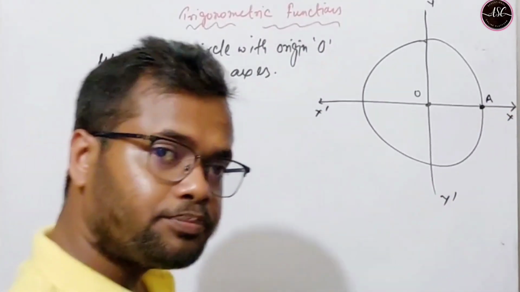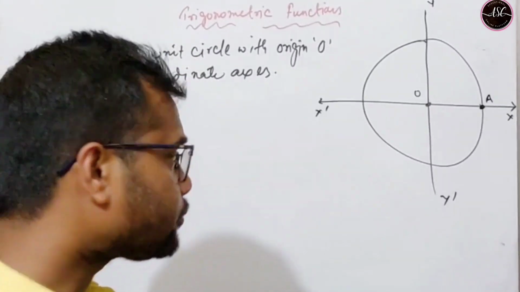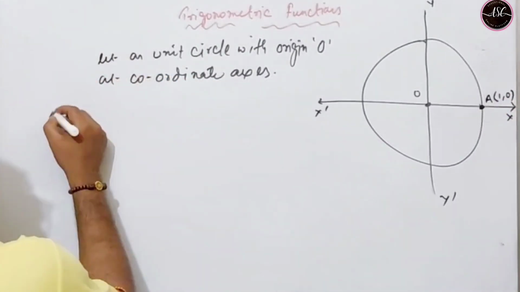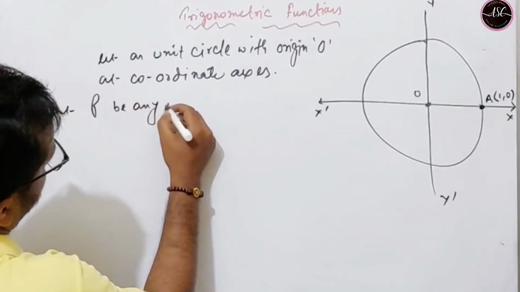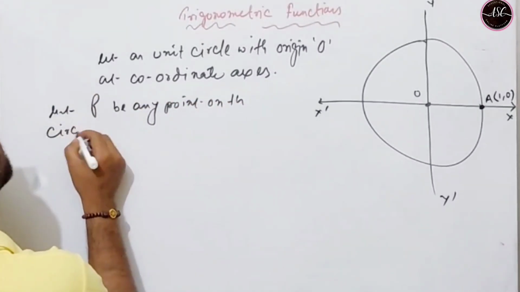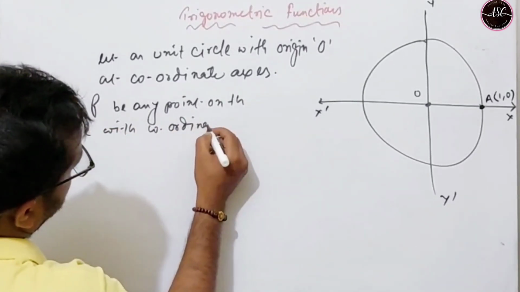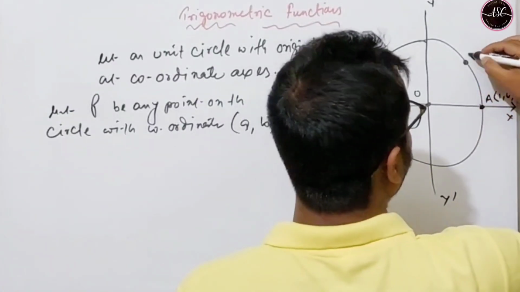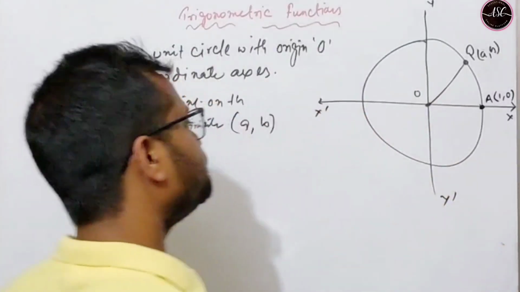Then the coordinate of A will be (1, 0). Let P be any point on the circle with coordinate (a, b). Let P be here, and the coordinate will be (a, b).